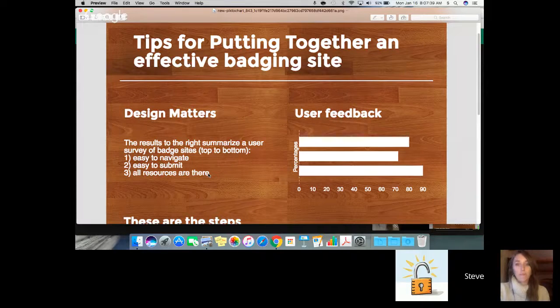It seemed that the people we interacted with preferred this concept that they were in the website, that they were anchored in some way. That was kind of an insight for us based on some earlier designs. We thought people wanted it to be more of a launching platform. You go to the badging website, and then it would take you to places, and that actually didn't play out when we surveyed people. The easy to navigate, easy to submit, that seems intuitive. That seemed like it made sense.